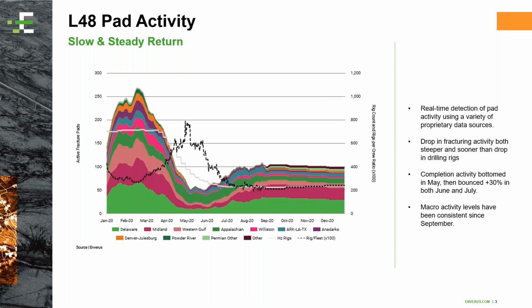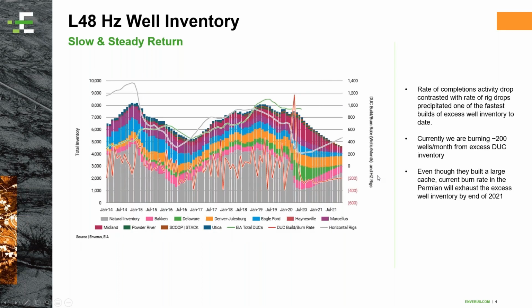But if you go to the next slide, the way that all of this translates into the forecast is really to understand in real time what's happening with our inventory. And we delineate inventory in two major pieces. The first one is the natural inventory, which is the minimum work in place inventory. If you have X amount of rigs running, you aren't going to move a completion crew onto a well as soon as that rig is done drilling it, if it's on a 3 or 4 well pad.